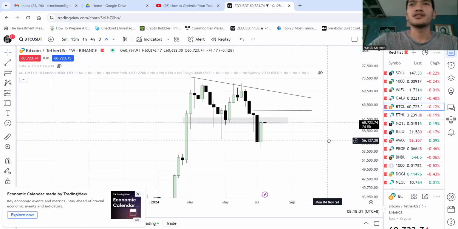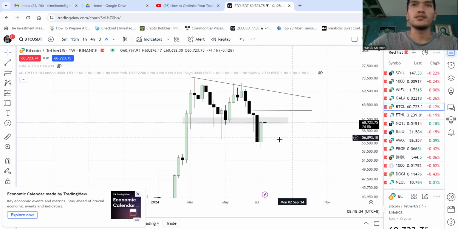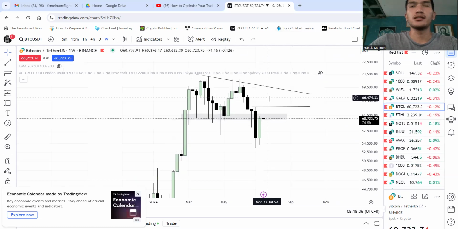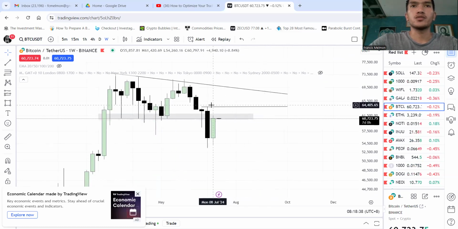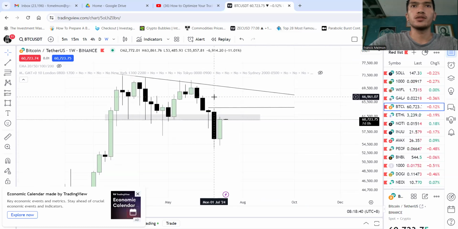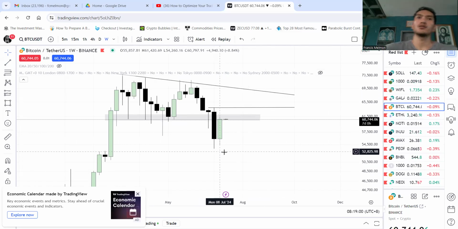Okay. Let's get back to our charting. As you can see, in the previous week, starting from the first week of July, we have a downtrend kind of momentum, or downtrend close of a candle. And for the second week, we have an inside candle.